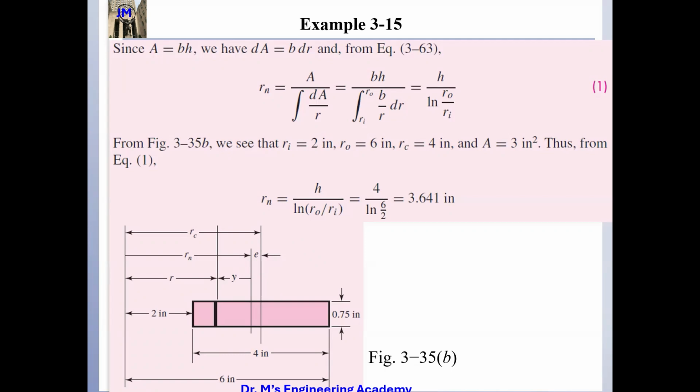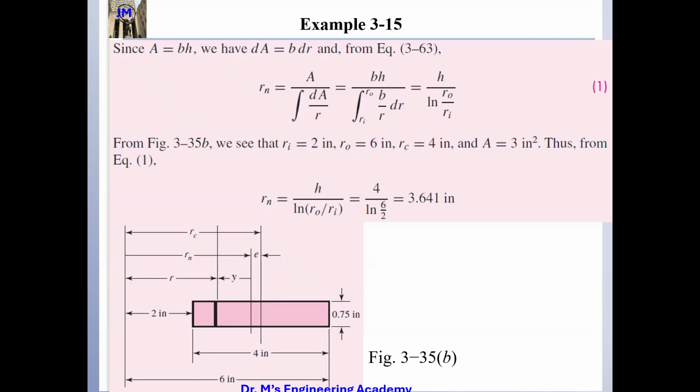So this is ri and this is ro. So this gives us log ro minus log ri. So as a result, it equals ln of ro over ri. Right?